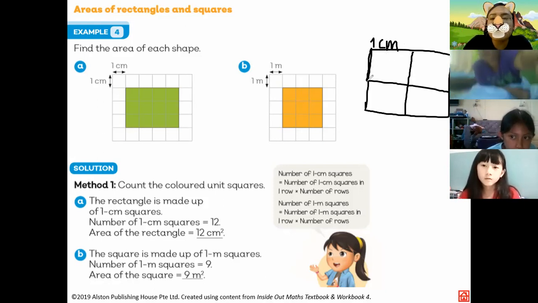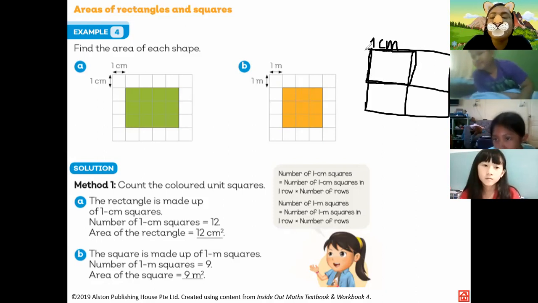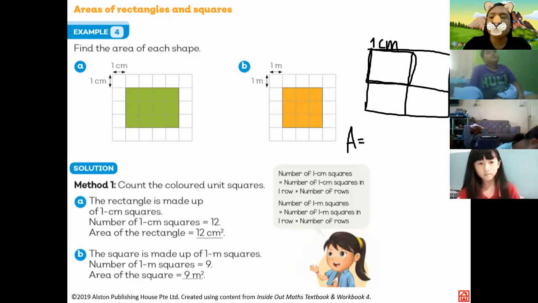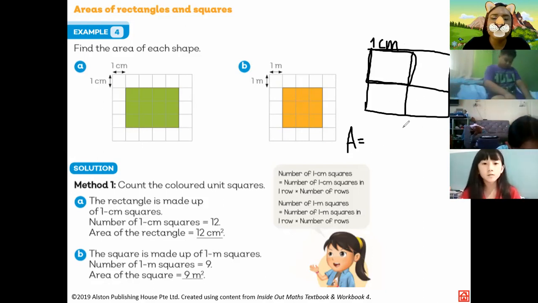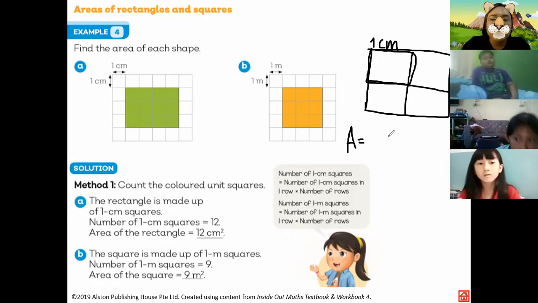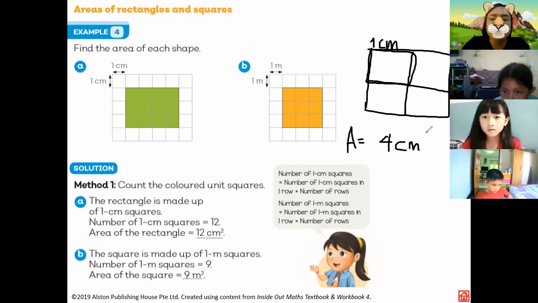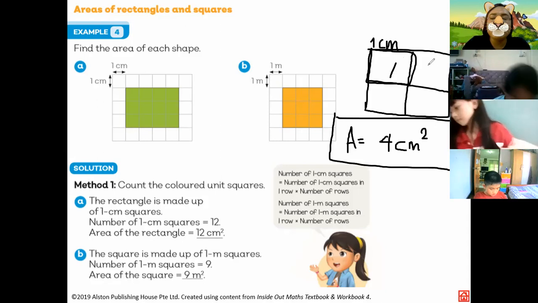So each box or each square has 1 centimeter squared. So what is the area, class? 4 centimeters, and then squared. Okay, very good. So 1, 2, 3, and 4.